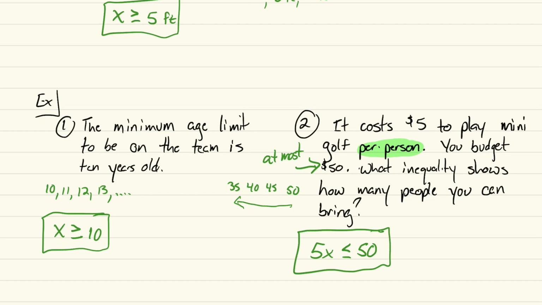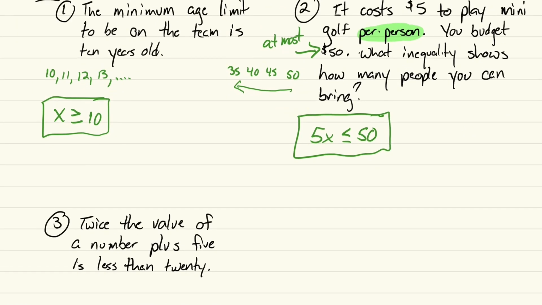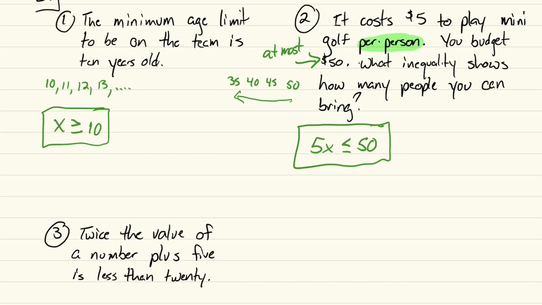All right, our third and final example of the chapter is twice the value of a number plus 5 is less than 20. Okay, so twice the value we know means 2 times the value of a number, x, plus 5 is less than 20.